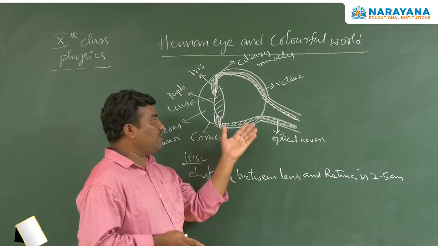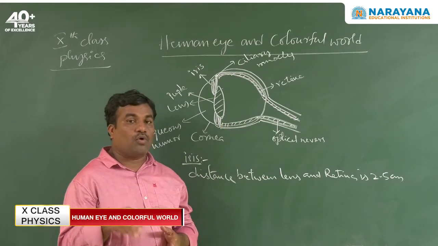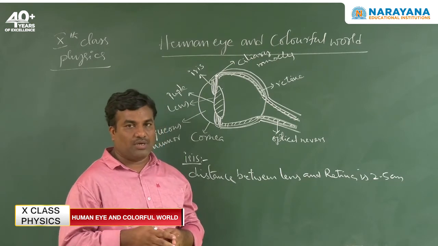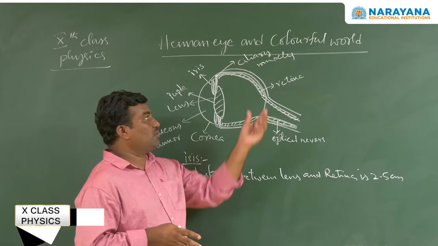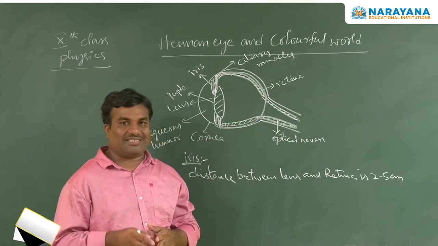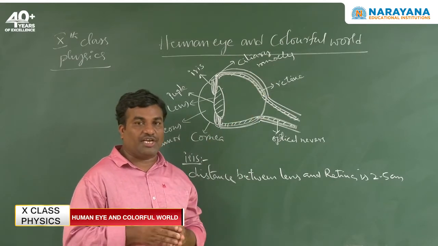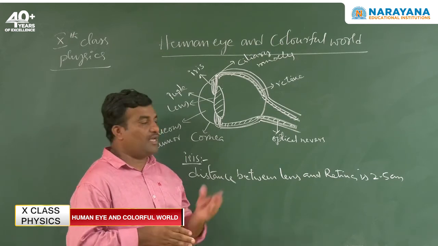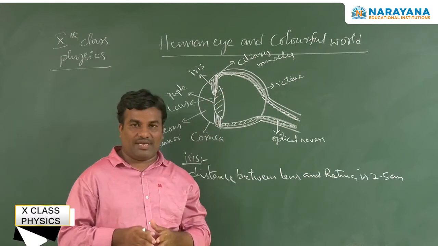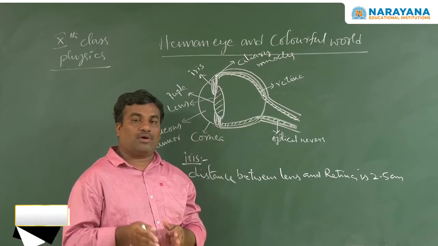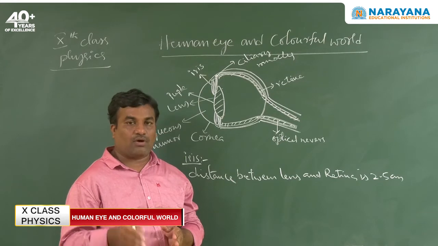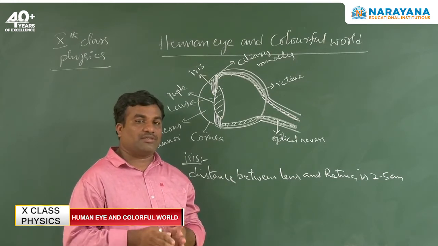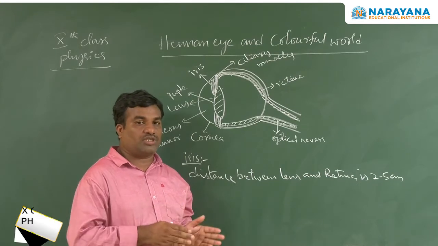Now we look at nearer or closer objects. When you focus on closer objects, the ciliary muscles are strained and change the radius of curvature, which changes the focal length of the eye lens. In this case the focal length of the eye lens decreases; it is called minimum. So again we get images on the retina, very clear, due to the change of focal length.